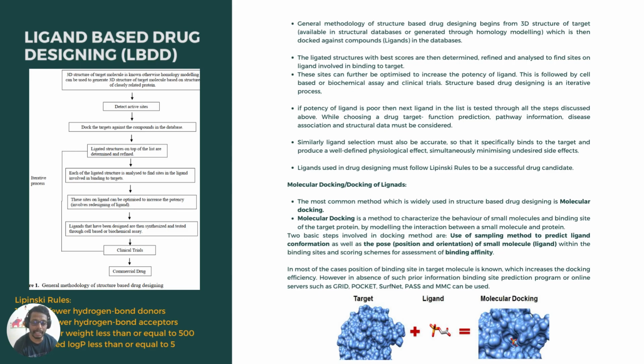However, in the absence of such prior information, binding site prediction programs or online servers such as Grid, Pocket, Surfnet, Pass, MMC, Autodock, Glide, Goal, different software and databases are available, which will give different target sites and ligand sites, and also the binding score.